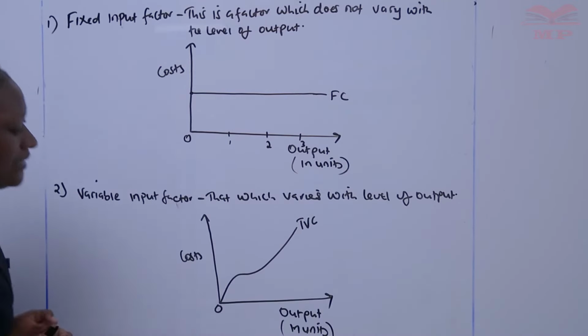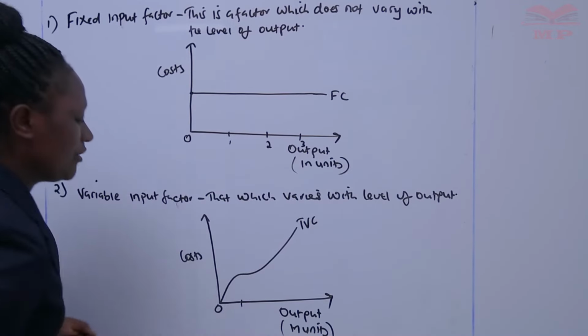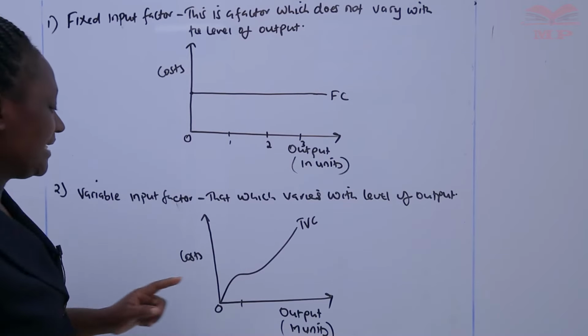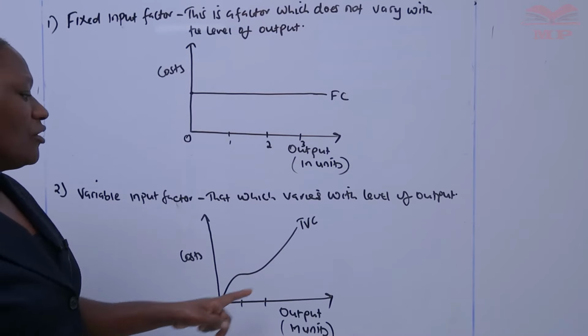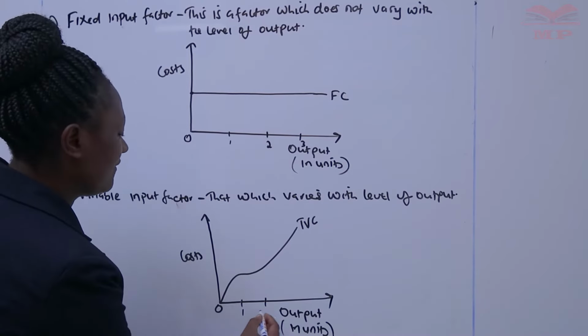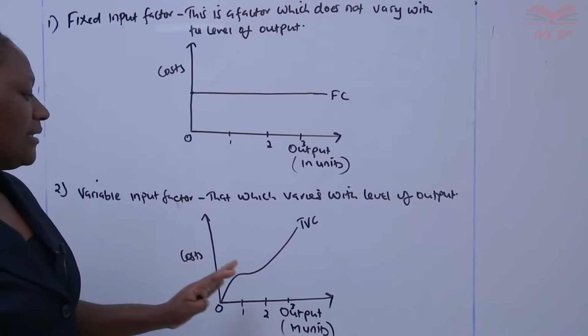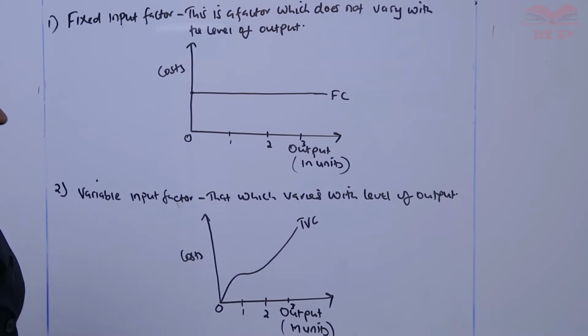We are beginning with the zero output. At the time I produce 1 unit, the cost will not be the same. It is rising. The time I increase my production, the cost is also increasing and so on. So if this is 1, this is 2, 3, and so on, the time you increase, it will also increase, and that's how it continues.